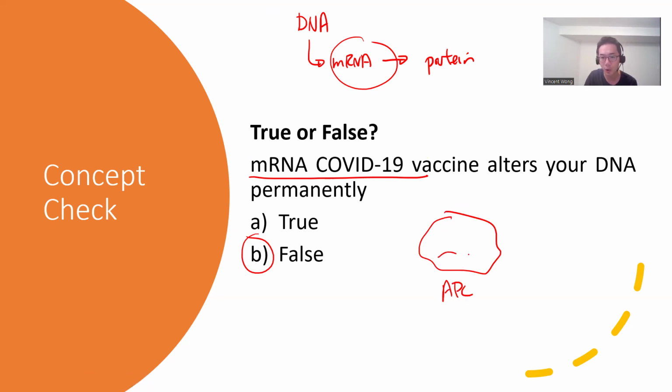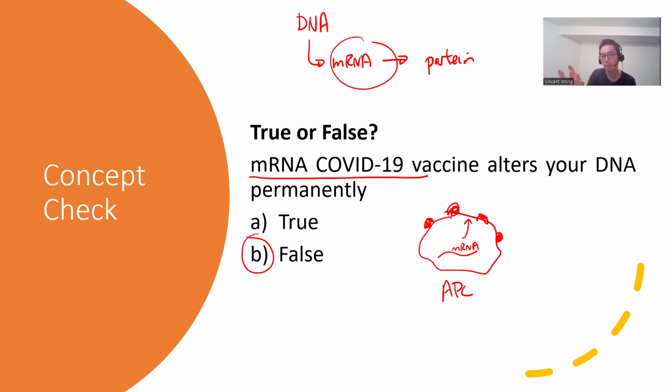The mRNA is going to go into the APC, and basically the mRNA is going to get translated into proteins. In this case, the viral proteins from the COVID. Okay, and then it does the presentation and so on and so forth. Then you create the anti-COVID antibodies. That's what mRNA vaccines do. It doesn't change your DNA in any way.